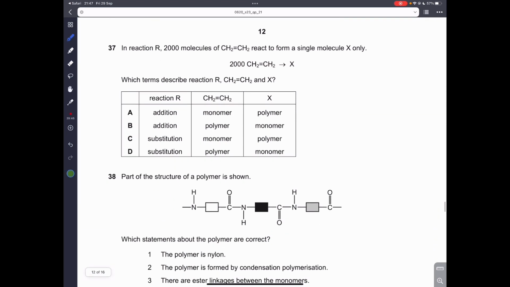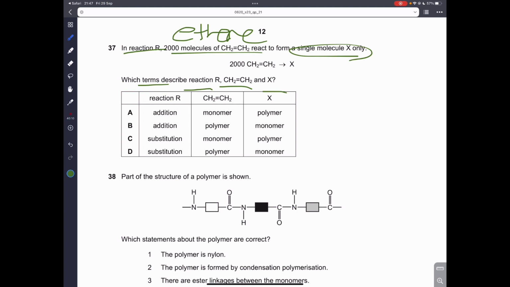Question 37. In the reaction, 2000 molecules of C2H4 react to form a single molecule X only. Which terms describe the reaction R and the C2H4? Now this is basically an alkene, called ethene. It's going to react to form a single molecule only.